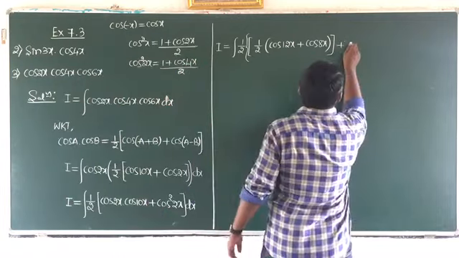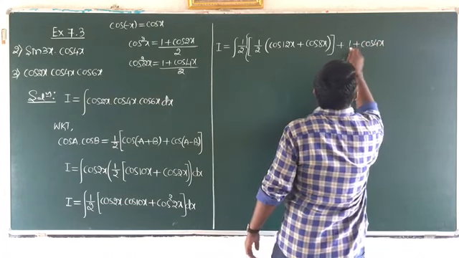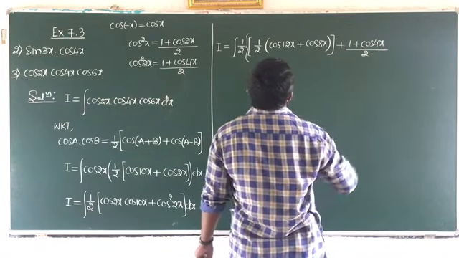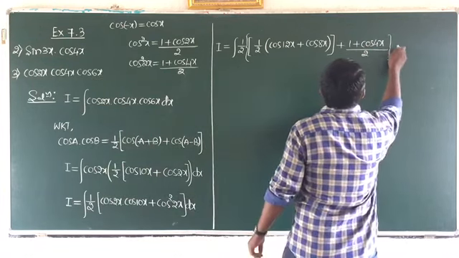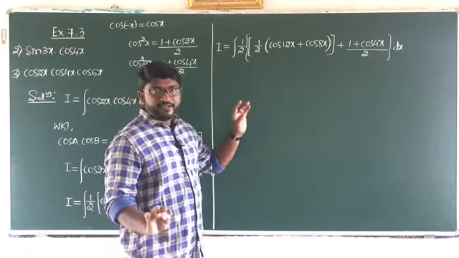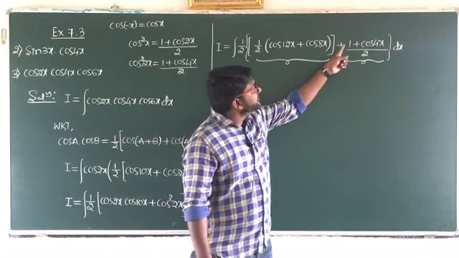So it is 1 plus cos 4x divided by 2. So here we have to close the main bracket and then write dx. So now see here, in this term and in this term we have 1 by 2 common here. So 1 by 2, and here also there is 1 by 2.